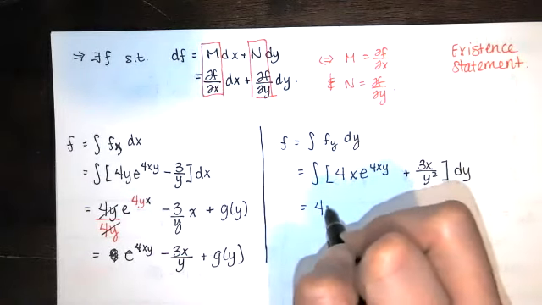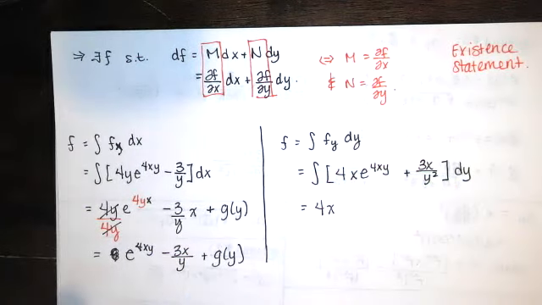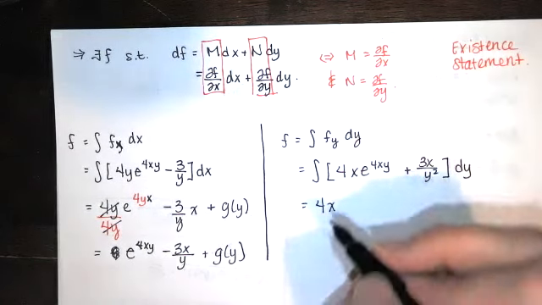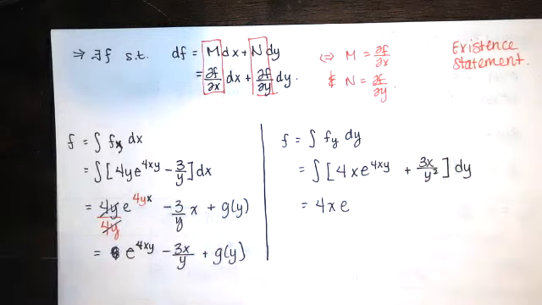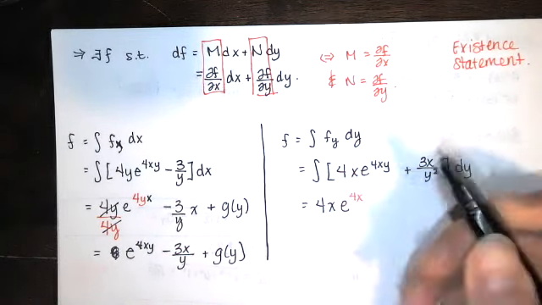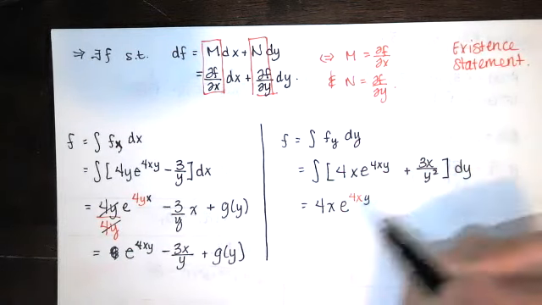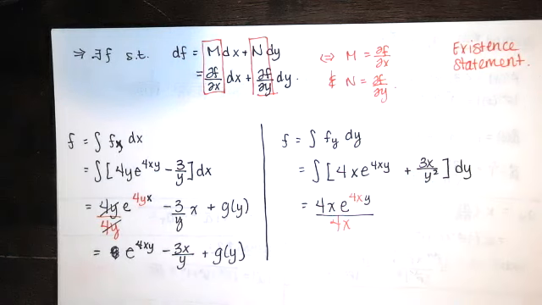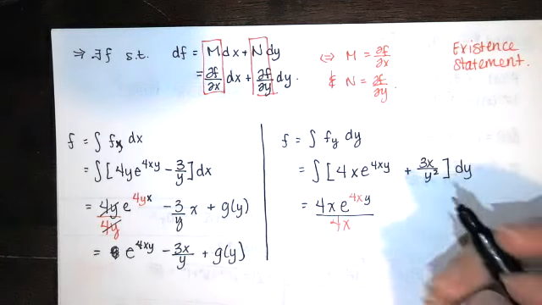So we bring the 4x down, and using the same argument that we did over here, this is a constant times y, where the constant is 4x. The antiderivative of e to a constant times y is e to that constant times y divided by the constant, and the constant in this case is 4x because we're doing a partial antiderivative.